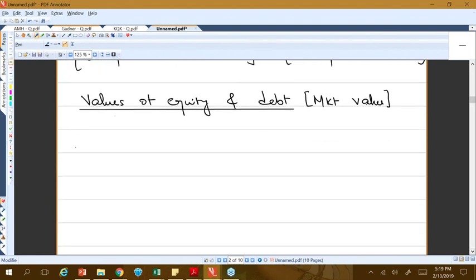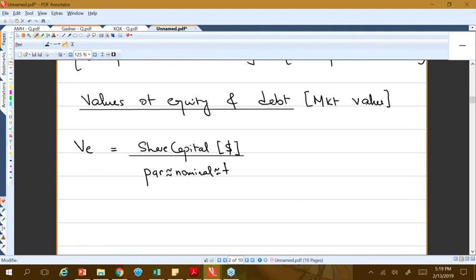Now, the first thing is the value of equity, which is for ordinary share capital. When we think of value of equity, we need to take our share capital in dollar terms, which is in the equity portion of the SOFP, and divide that share capital by the par value of the shares, or the nominal value, or the face value.